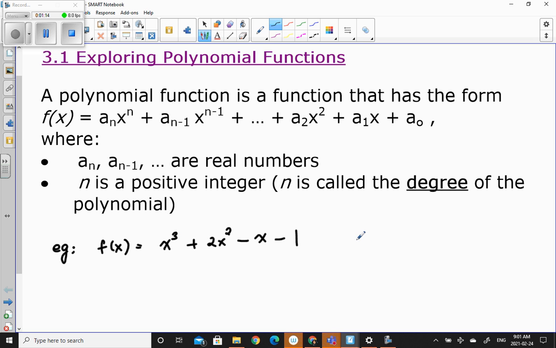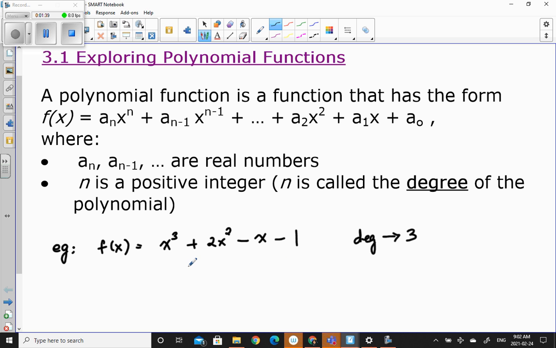And so we say the degree of this polynomial is 3. And you can see that the coefficient of the first term here is 1. It's understood to be 1. This is 2. This is negative 1. And the last term is actually x to the power of 0. And you can see how the exponents are decreasing by 1 in each subsequent term.